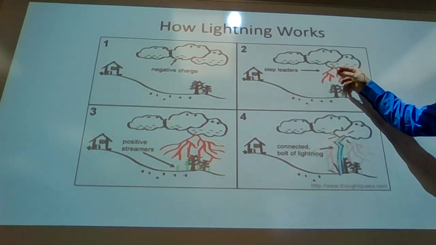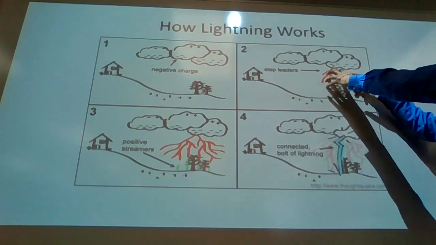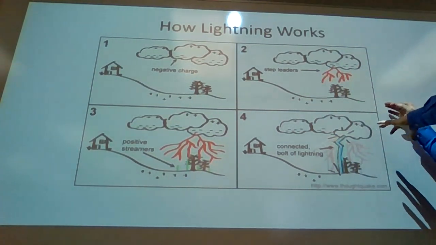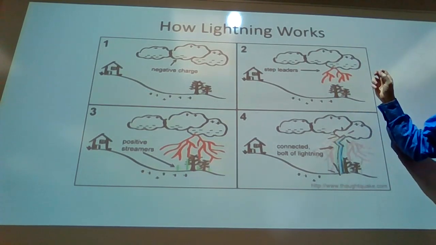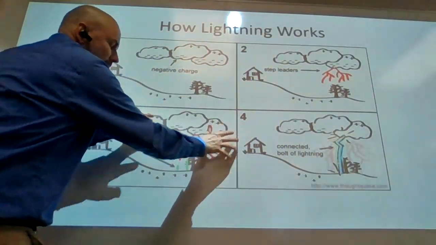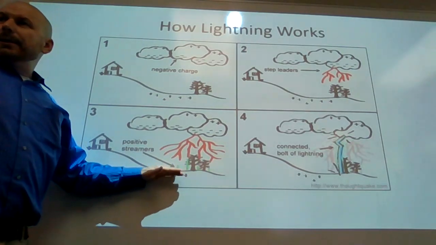And so they send scouts out to find a more positive environment. These are known as step leaders. This is not lightning. The step leaders continue to explore the ground around here.